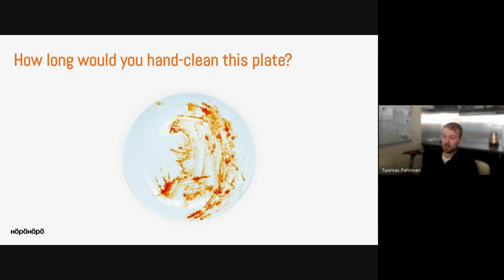Anyway, the point being, think about how long your dishwasher is actually doing this. It might be washing this for 40 minutes, 1 hour, 2 hours. Does it really take 2 hours to get a plate clean? That's what the dishwashers are doing.